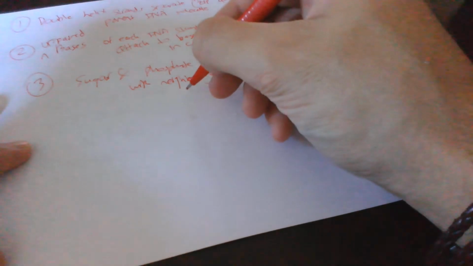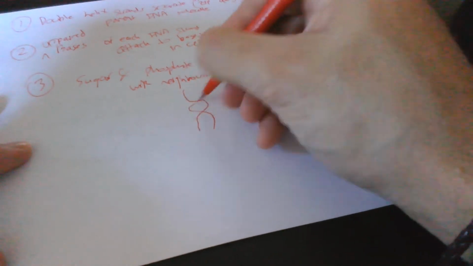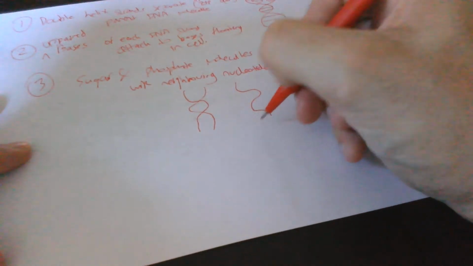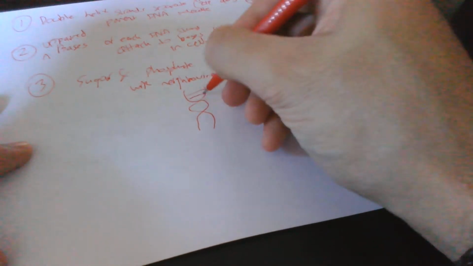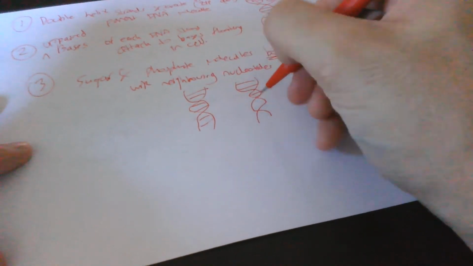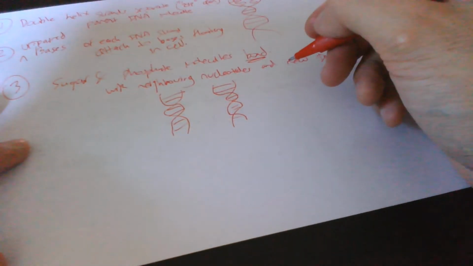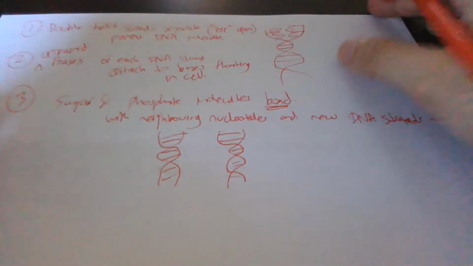Hence the replication gives two identical DNA strands. You've got the base pairs, GCs, and whatnot. So you get two identical strands of DNA in replication. So that is DNA replication.